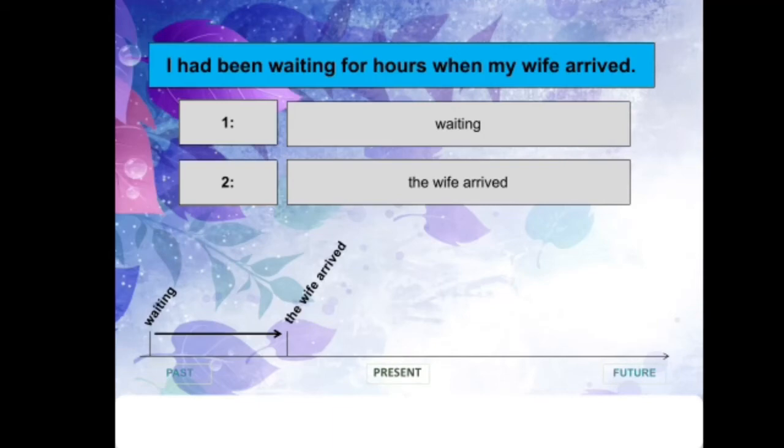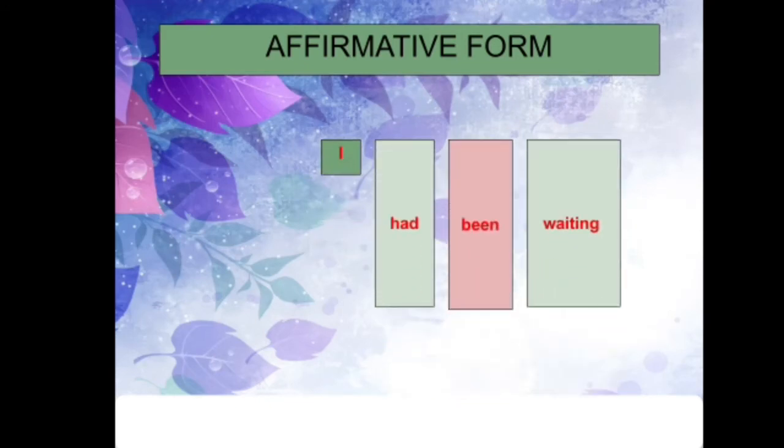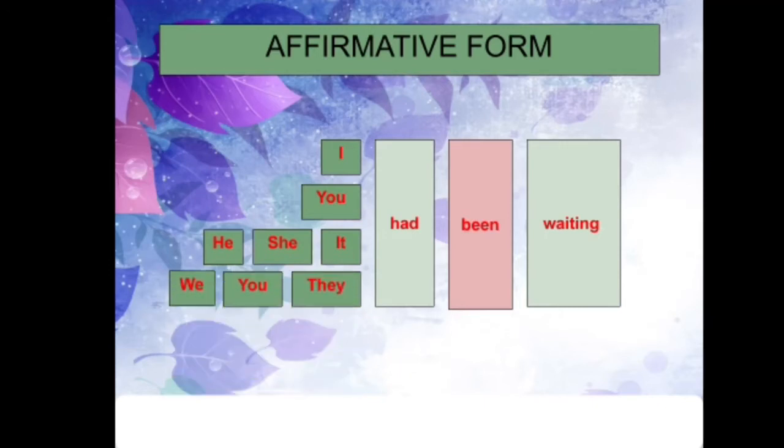Let's have a look at the affirmative form. How can we use the past perfect continuous? We shall use I, you, he, she, it, we, they, then had been waiting, verb with ing.